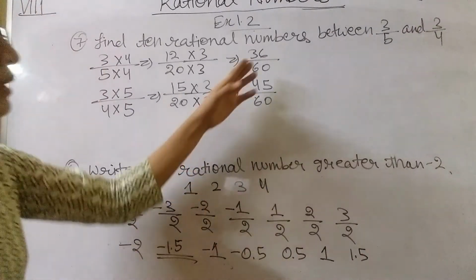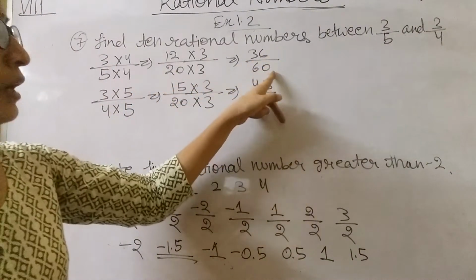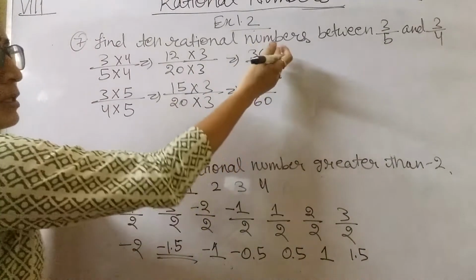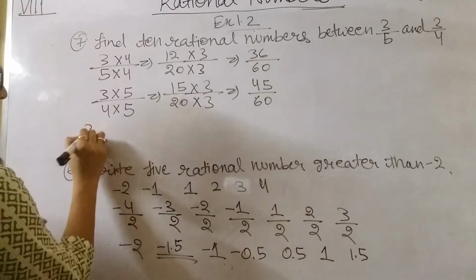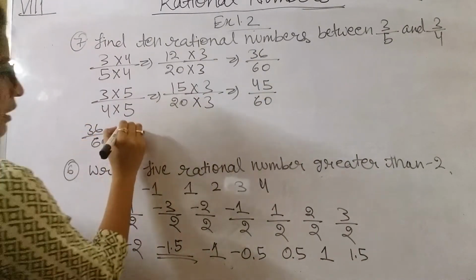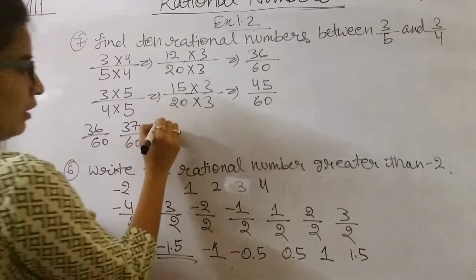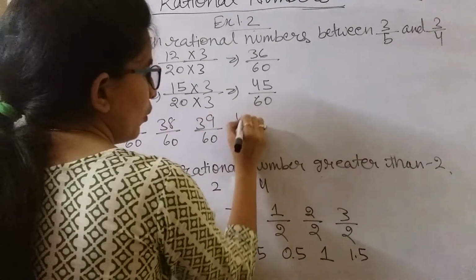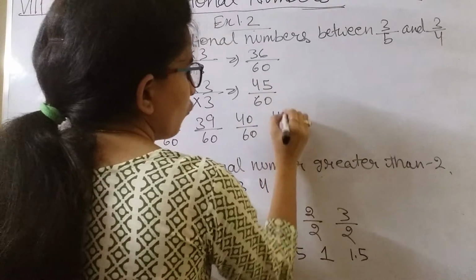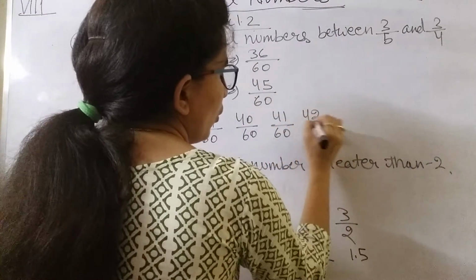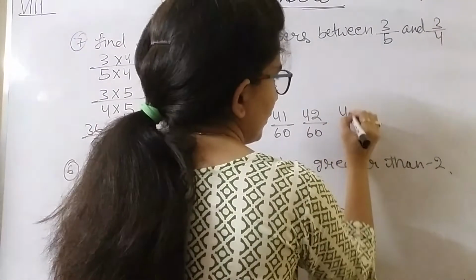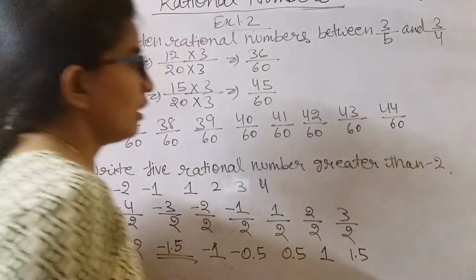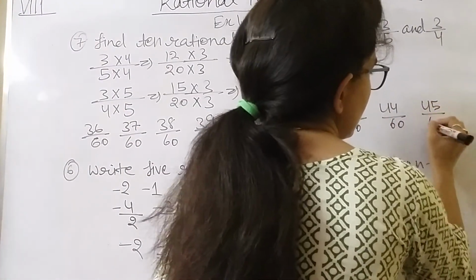So we can see that we are getting many rational numbers between 36 upon 60 and 45 upon 60, that are 37 upon 60, 38 upon 60, 39 upon 60, 40 upon 60, 41 upon 60, 42 upon 60, 43 upon 60, 44 upon 60, and this is 45 upon 60.